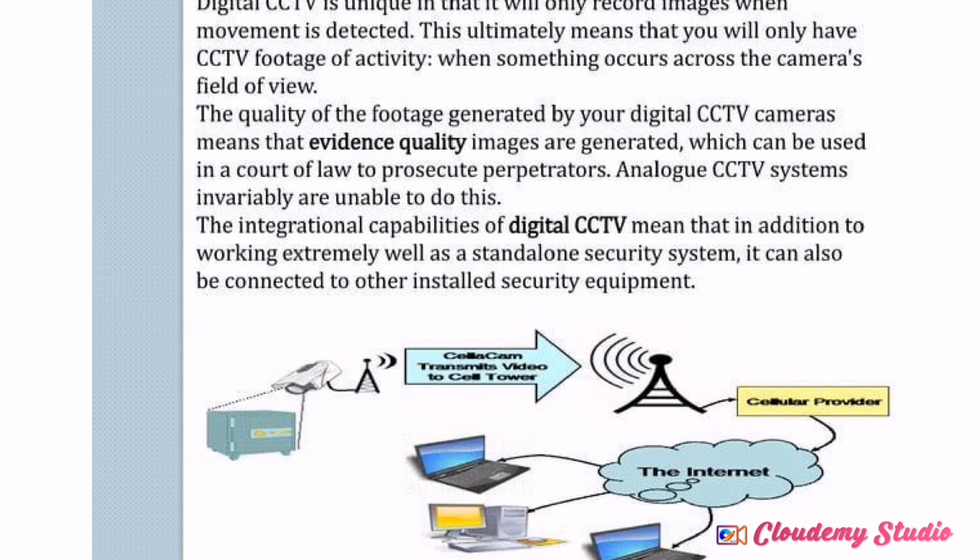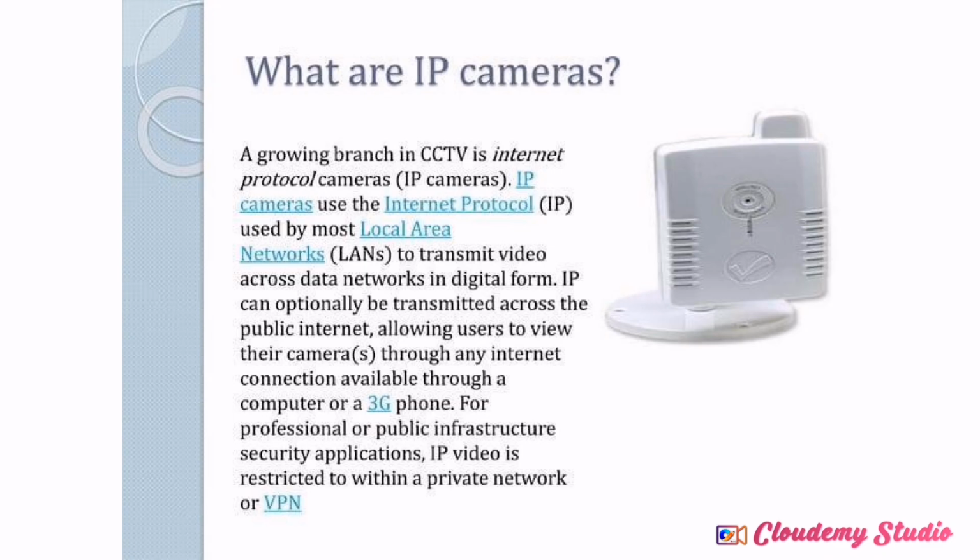Okay, so we can proceed to the next page. So here we are going to look at what are IP cameras. This is the topic that we're going to look at next time when we meet. We are coming from talking about the analog as well as the digital.